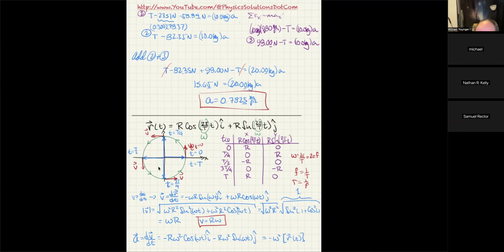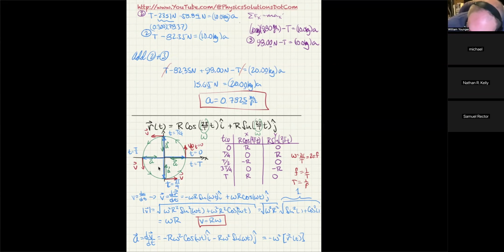Because of that, that tells you that the direction of this acceleration vector is exactly the direction of the r vector. So in this case, the acceleration is going to be there. In this case, the acceleration is going to be there. And here, and here. So that's the acceleration.